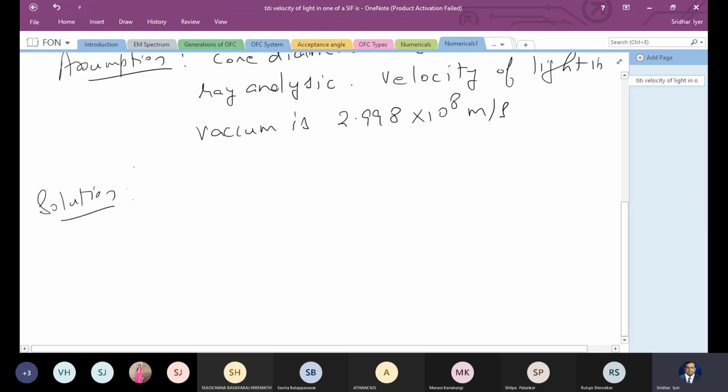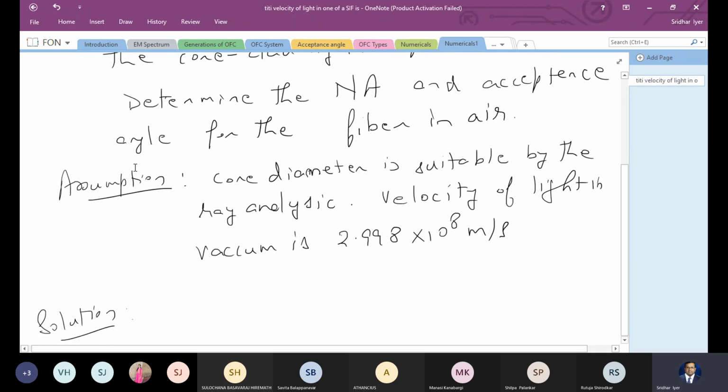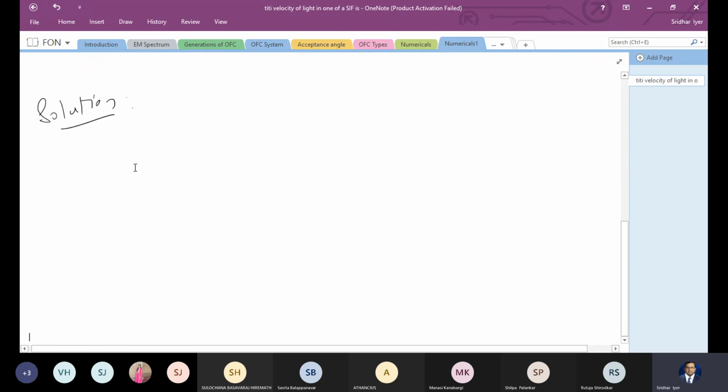The question says the velocity of light in the core of a step index fiber is 2.01 into 10 raised to 8, and the critical angle at the core-cladding interface is 80 degrees. We need to determine the numerical aperture and acceptance angle, under the assumption that the core diameter is suitable for this ray analysis, which we have been doing, the Snell's law, and you are given the velocity of light in vacuum also, which is 2.998 into 10 raised to 8, right?